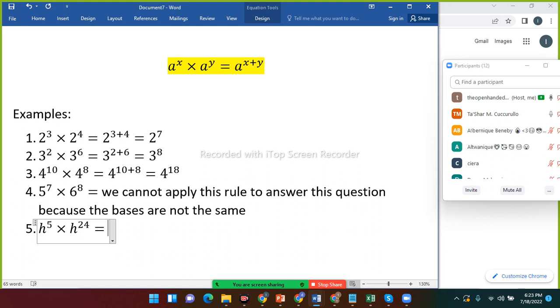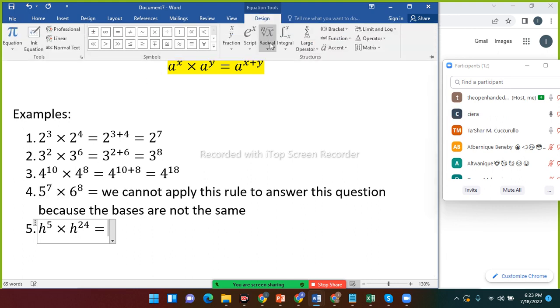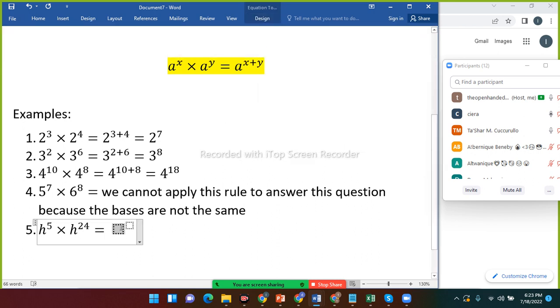What would my answer be? That would be h to the power of 5 plus 24, and simplified it is h to the power of 29. Excellent. Very good.